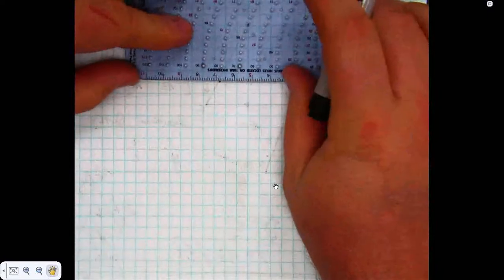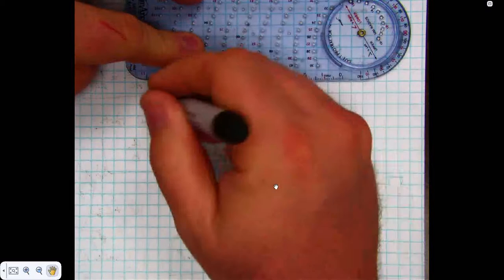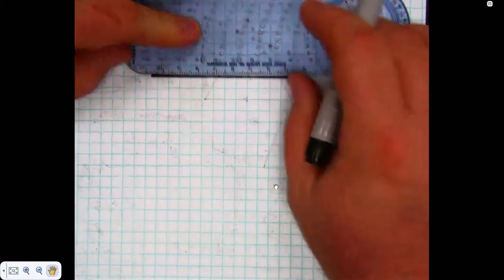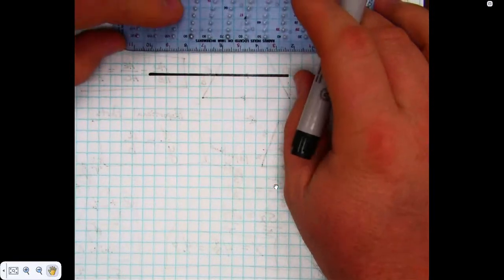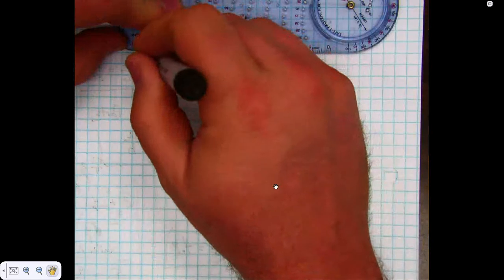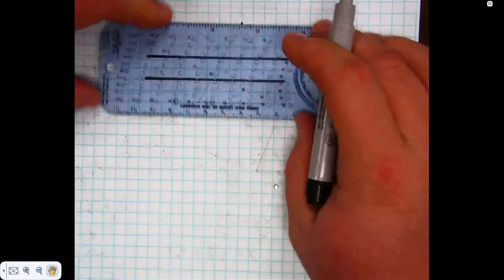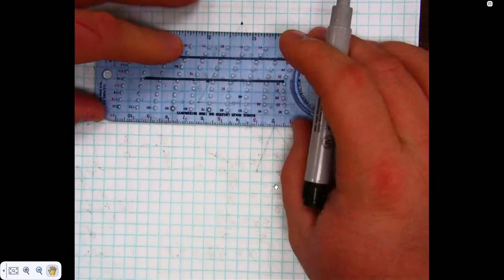Let's say you have 3 parallel lines. Now, they don't have to be the same distance apart. They just all 3 have to be parallel.